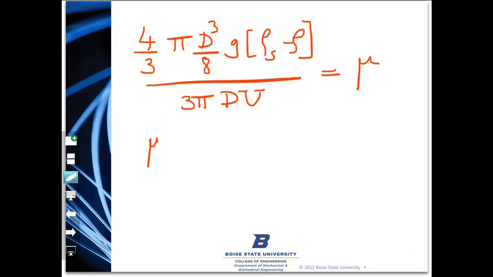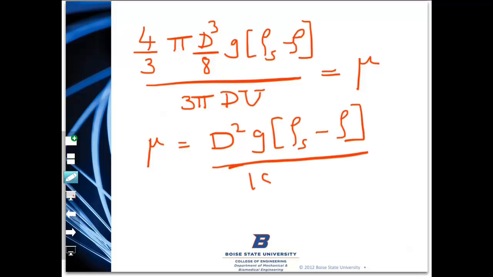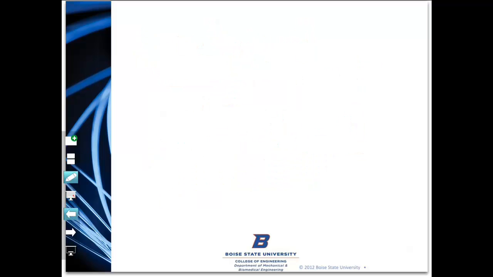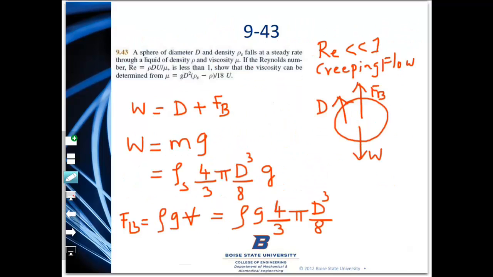If you simplify this, mu turns out to be d squared g (rho s minus rho) divided by 18 u. Okay, where d here is diameter, which is what we are asked to prove in the problem. Okay, so let me write this.